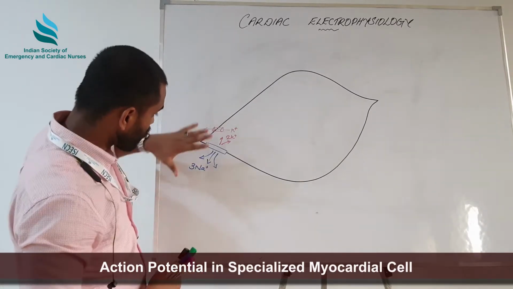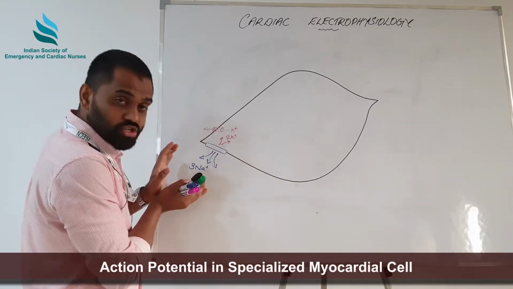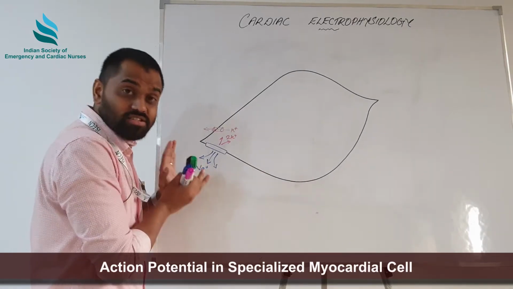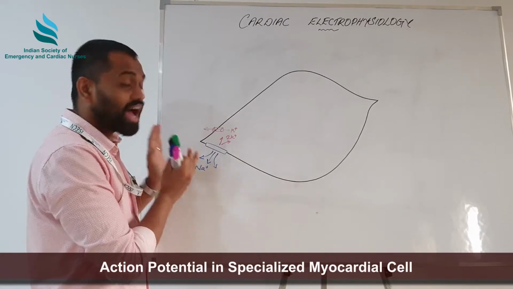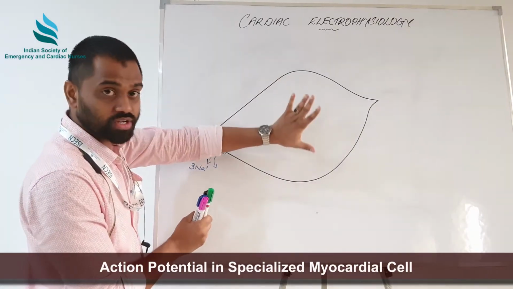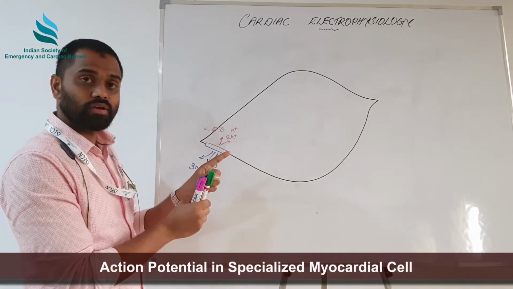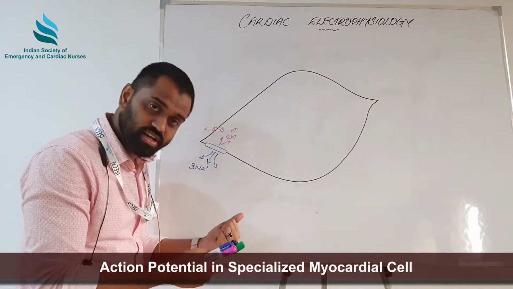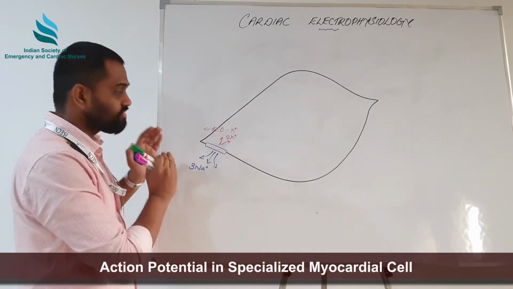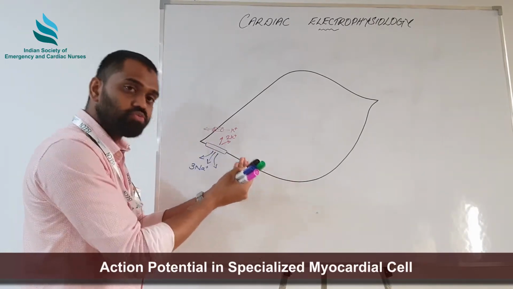Now we know because of this running process, the concentration of sodium ions outside the cell, in the extracellular space, is higher, and the concentration of potassium ions in the intracellular compartment is also higher. So obviously, both because of the concentration gradient and the electrical gradient, sodium will have a tendency to move into the cell and potassium will have a tendency to move out of the cell.